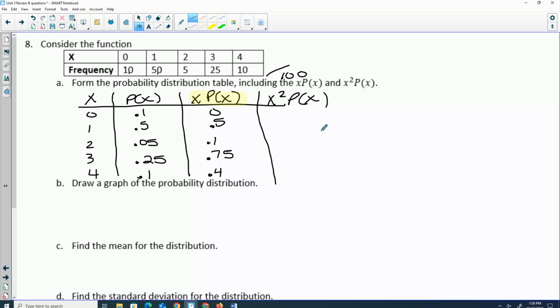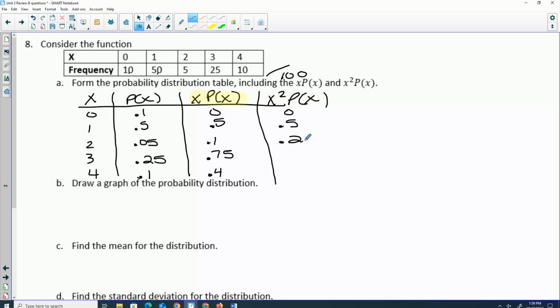The final column, x squared p of x. So it's 0 squared times 0.1. 1 squared is 1 times 0.5. 2 squared is 4 times 0.05, 0.2.